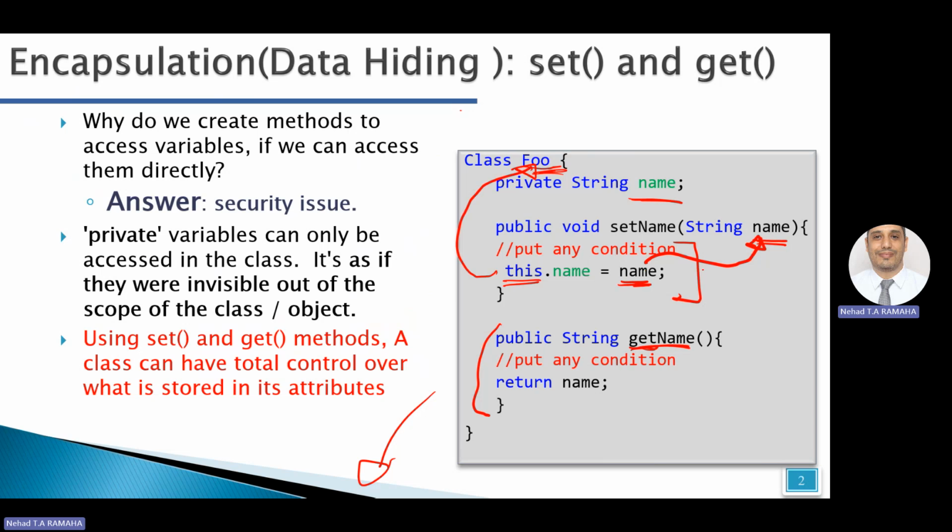So this name points to the name passed as a parameter. But if you start with this, it means this object of the class. So the variable belongs to this object, which is the outside name here. Okay, let's take an example for it.